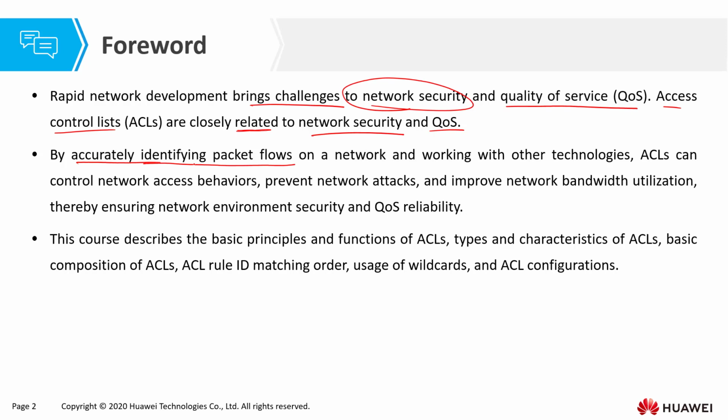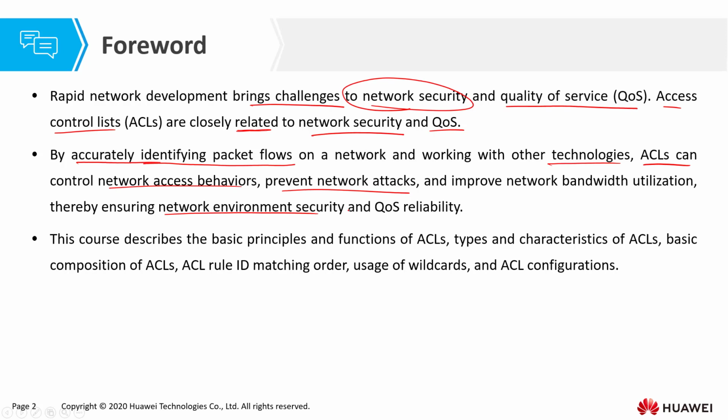And by accurately doing that job on a typical network and working with other technologies onto which you apply the ACLs, ACLs can control network access behaviors effectively and prevent network attacks and also improve network bandwidth utilization, thereby ensuring the network environment security and quality of service reliability.